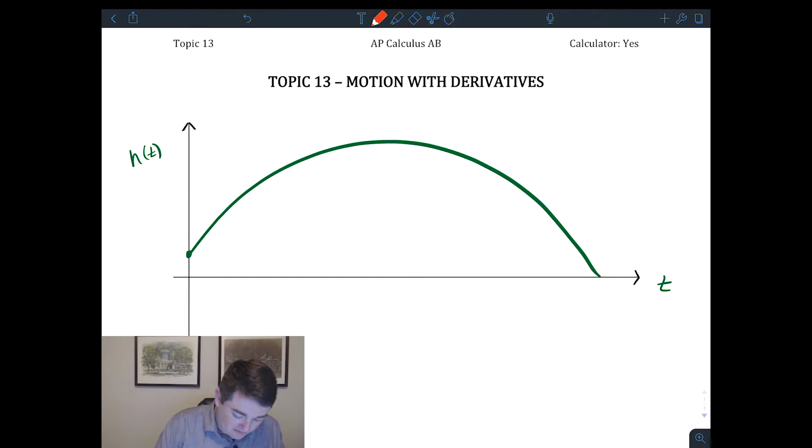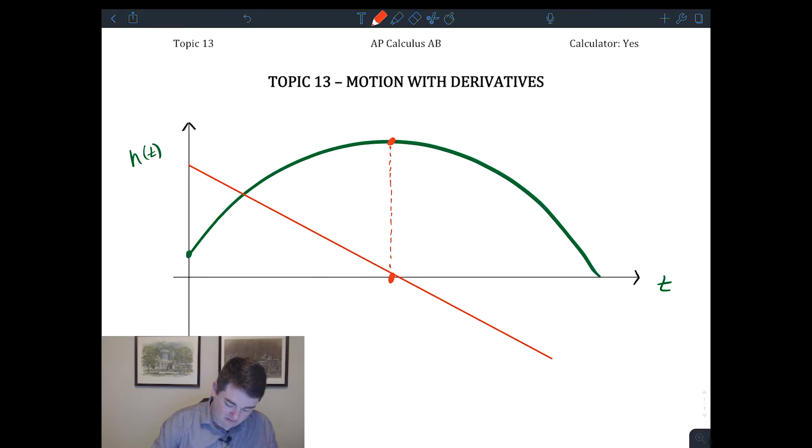But at the moment when that ball reaches its apex, at the very height of its travel, its velocity for just a moment is 0. So if I was to graph the velocity of this ball, I know that it would be 0 right there. And I imagine that graph would look something like this.